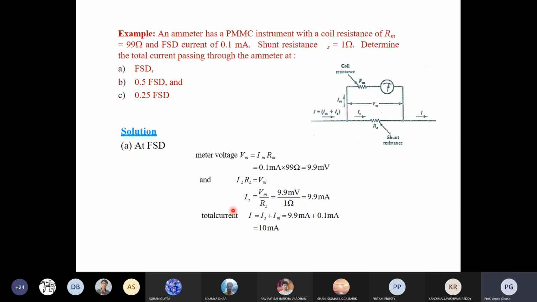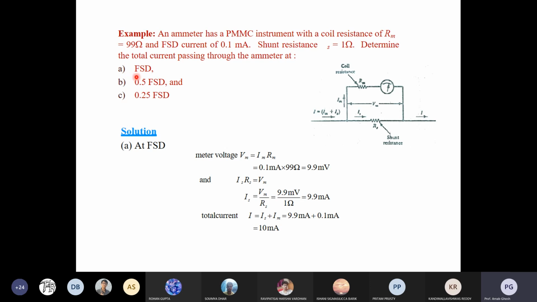One important observation we can see is the total current. In the first case FSD was 1, full scale deflection, then 0.5, half of the initial FSD, then 0.25, one-fourth of the FSD.